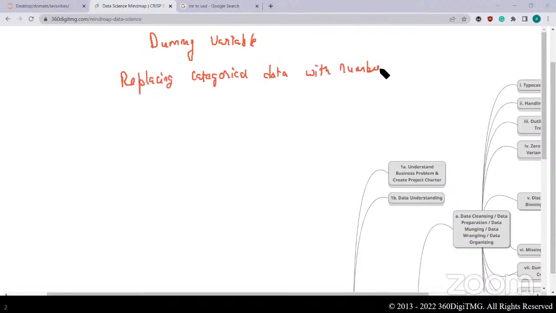Now, in binning, we had converted continuous data into discrete data, and discrete data includes categorical data. So why did we do that? To reduce the total number of unique entries we had. Now what we have to do, after we reduce those unique entries, is get into replacing the categorical values. So in this, we can do one-hot encoding, and we can do label encoding.